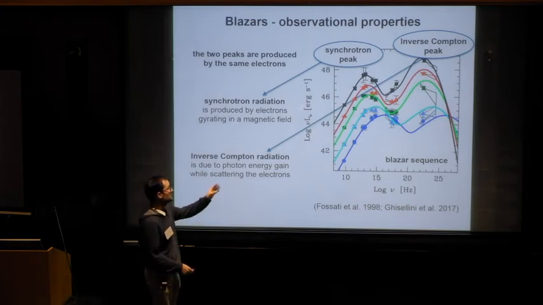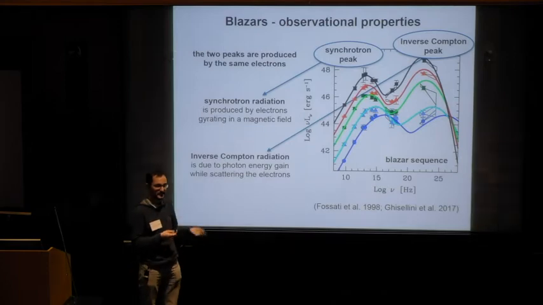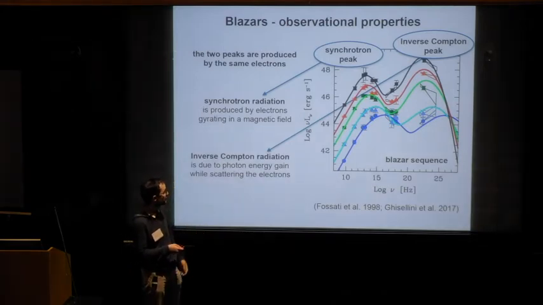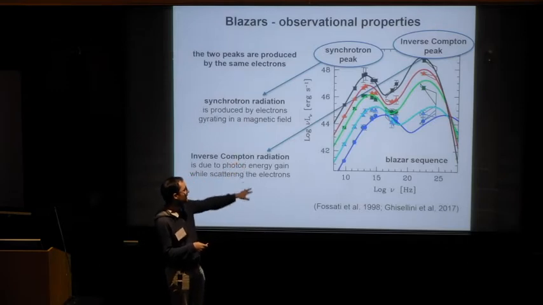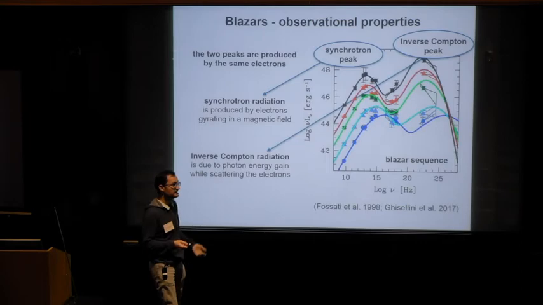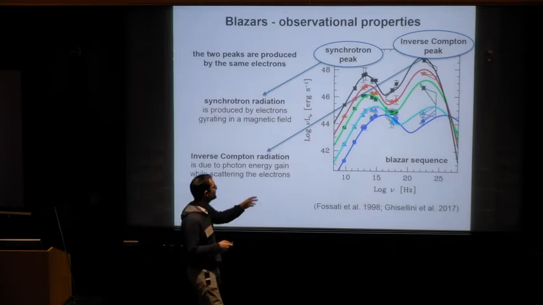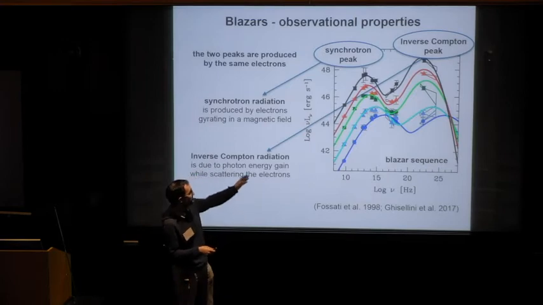In this plot, I show examples of typical spectral energy distributions of these objects. Spectral energy distribution is the amount of energy that is radiated at every frequency. One can see two things. First, the radiation is clearly non-thermal, and the spectrum has two bumps.